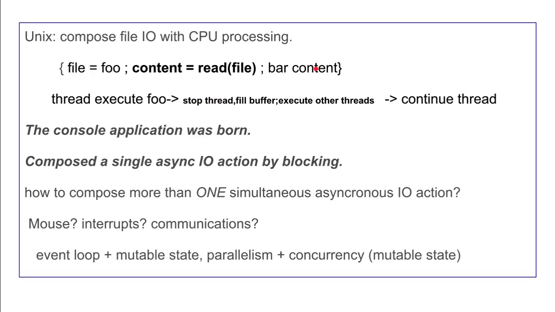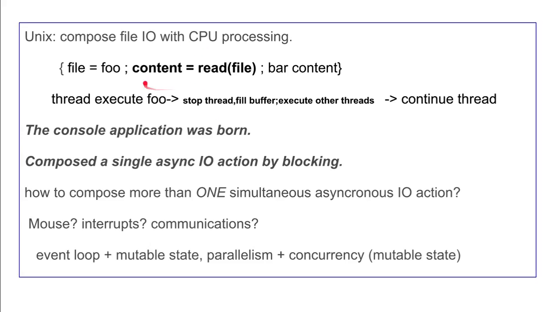In modern languages which have green threads, this works the same way, but in this case this background operation is done by the runtime of the language. Unix allows I/O with computing, so the end result was the console application.